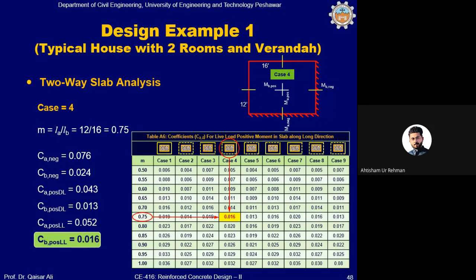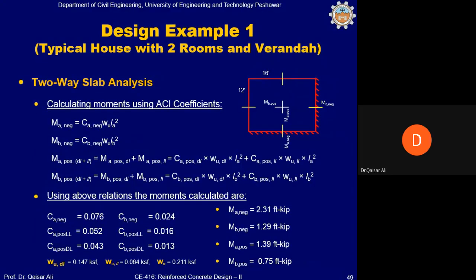जी सर. Now from these you can calculate the moments. Okay. So the moments finally, अब आप moment तो calculate कर सकते हैं ना? Yes, sir. अच्छा, तो finally इसकी value जरा देखें. MA negative is 2.31 foot cube, and what is MA negative? MA negative is this one. MB negative is 1.29, so this is 1.29. Okay.